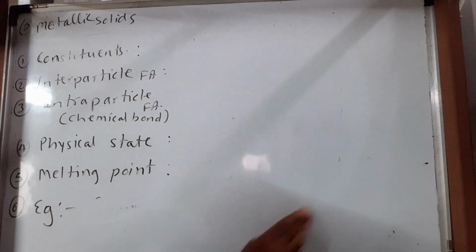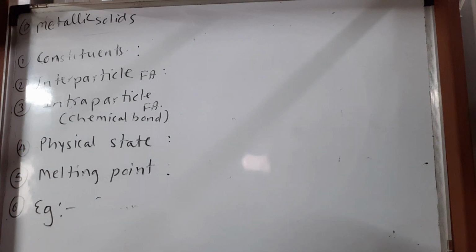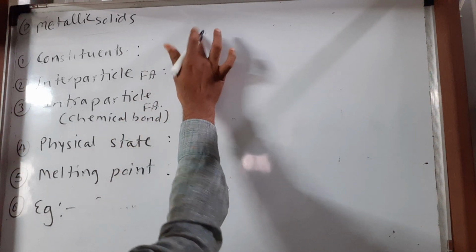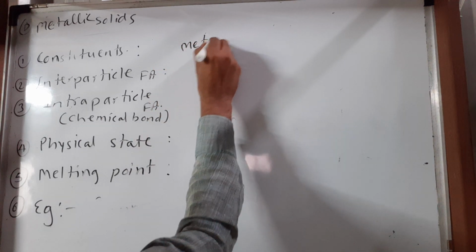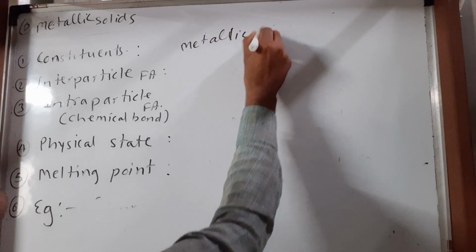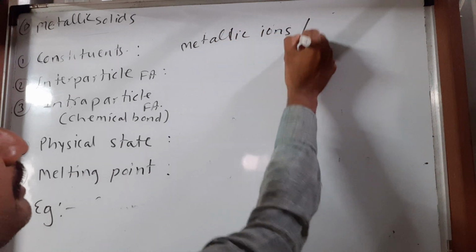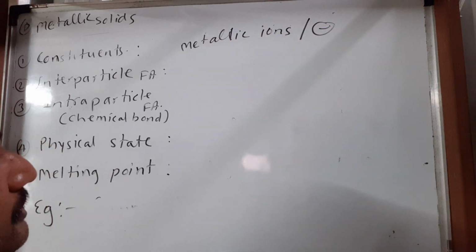So in the case of metallic solids, what are the constituents? The constituents are metallic ions surrounded by a sea of electrons.